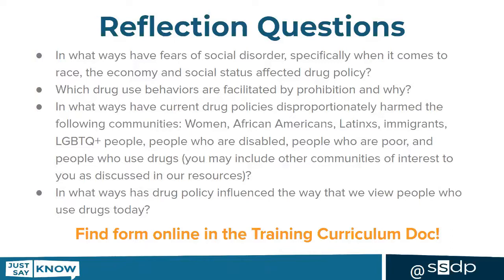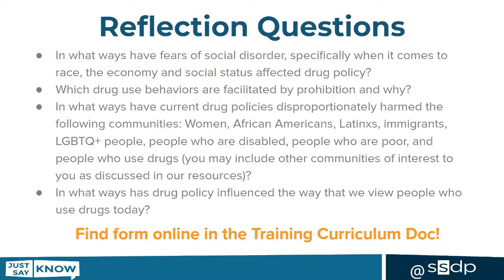This next question, obviously there's a lot of different communities listed here. Certainly, if you're watching this webinar, you'll want to answer, referring to all of these different communities. But in what ways have current drug policies disproportionately harmed one of these communities? And then, the last one is, in what ways do you think drug policy has influenced the way that we view people who use drugs today?